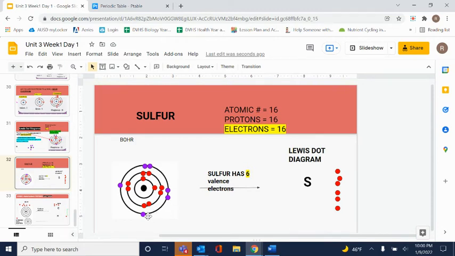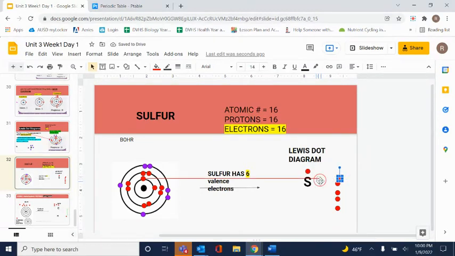If they have 6 valence electrons, then when I draw the Lewis dot diagram, I will have 6 electrons only, because I'm only showing the valence electrons. 1, 2, 3, 4, 5, and 6.